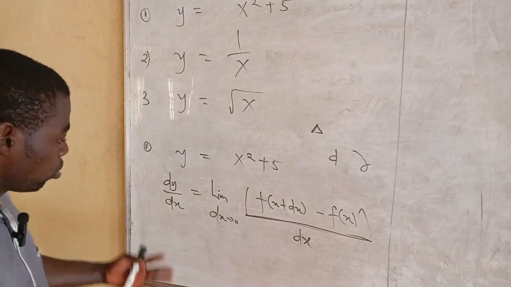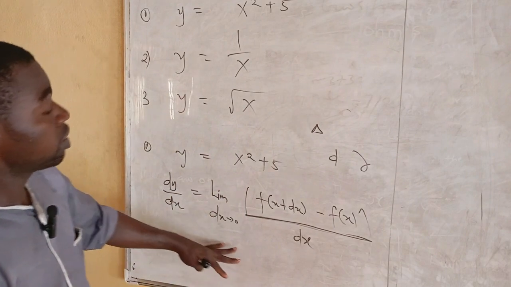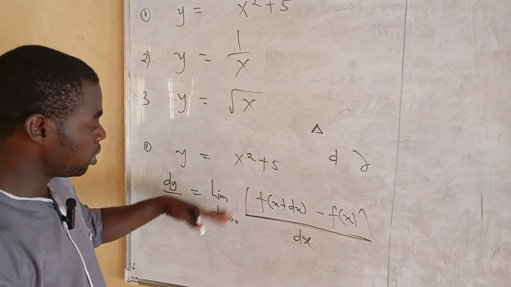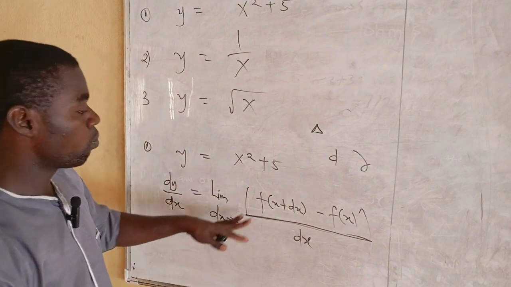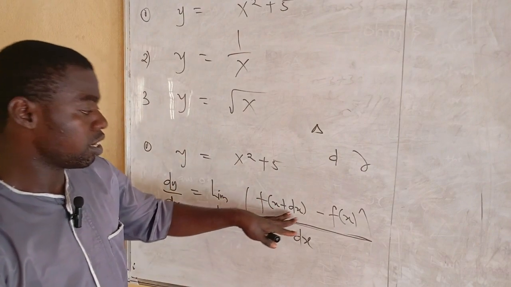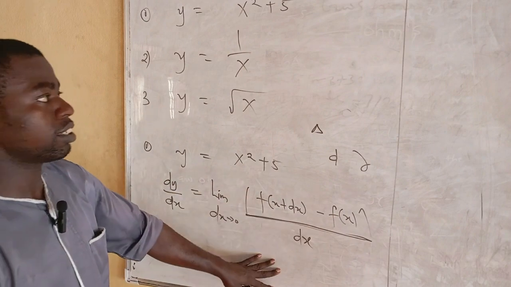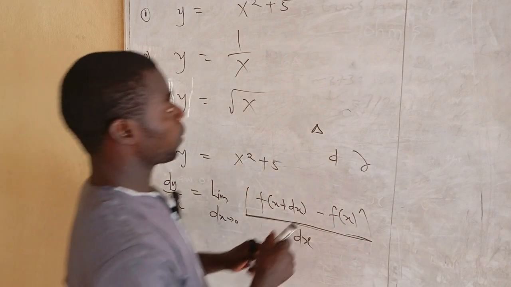Putting into the formula here, we have that dy divided by dx is equal to the limit as dx approaches 0 of f of x plus dx minus f of x, all over dx.